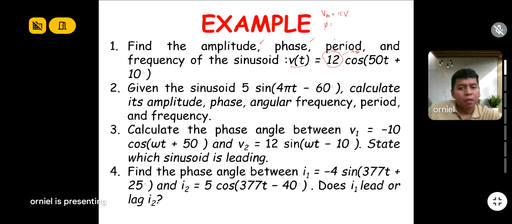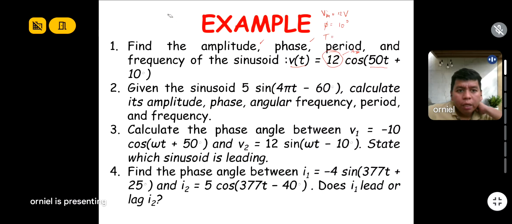Now, for the period, okay, do you remember the formula from earlier for the period? Period is equivalent to, we have frequency.